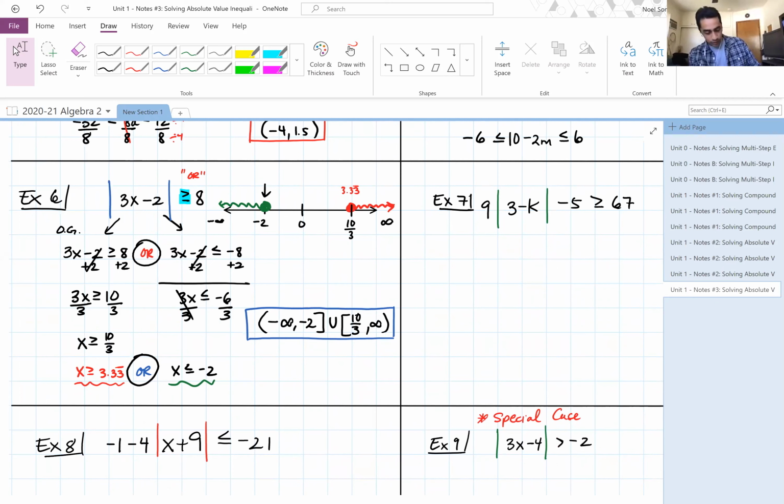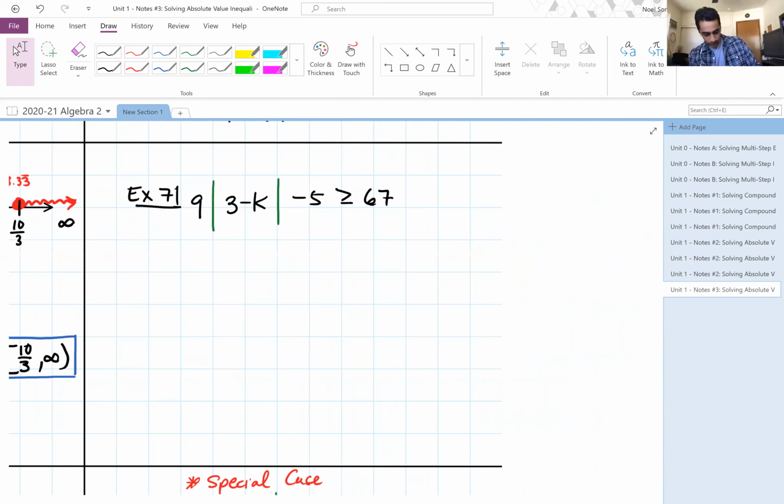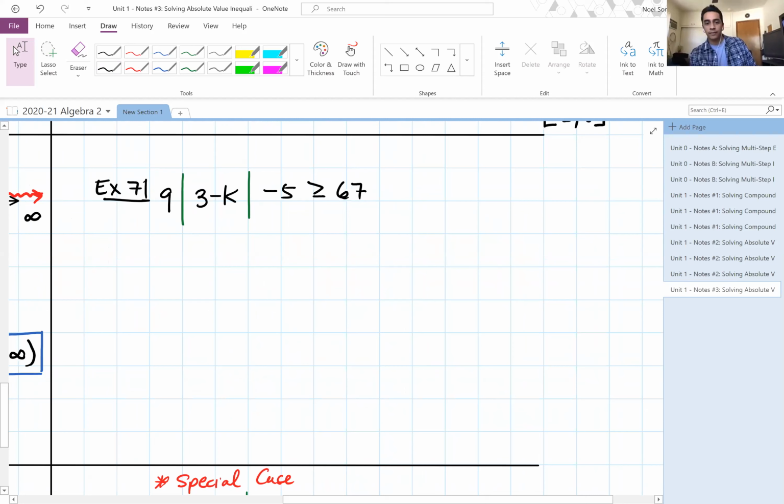All right. So what do you think we should do first here? Yeah, let's add the 5, right? So we add 5, move that over to the right side. Now we can say that we have 9 times the absolute value of 3 minus k, which will be greater than or equal to 72.